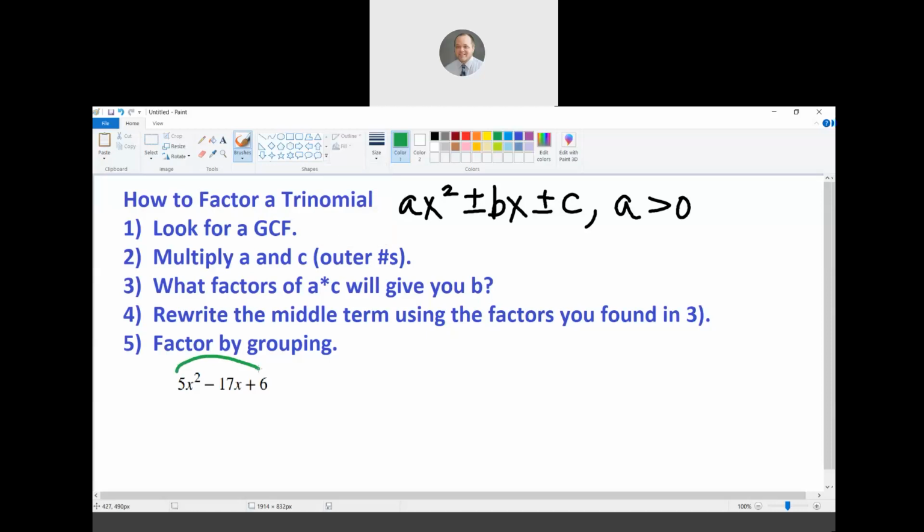So 5 times 6 gives us a positive 30. Step 3, what factors of A times C, or for this problem, what factors of 30 will somehow add or subtract to give you B, or the middle term, which is -17.